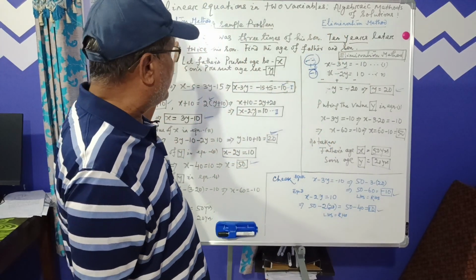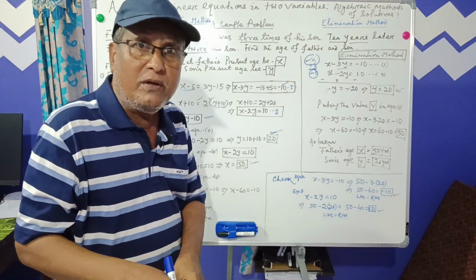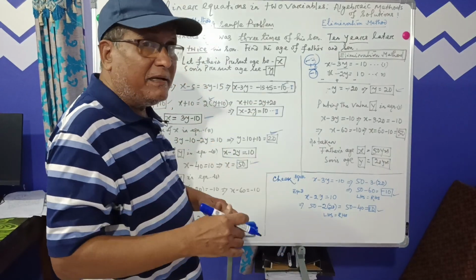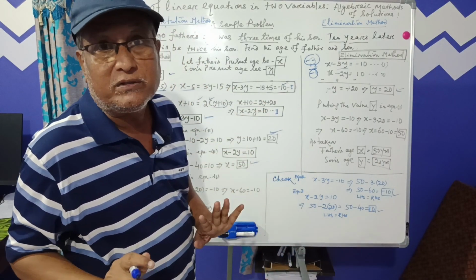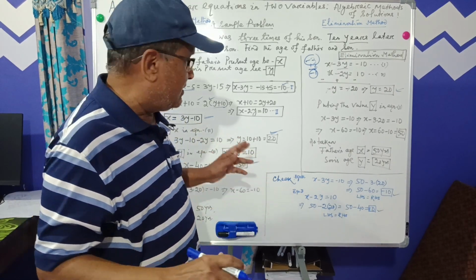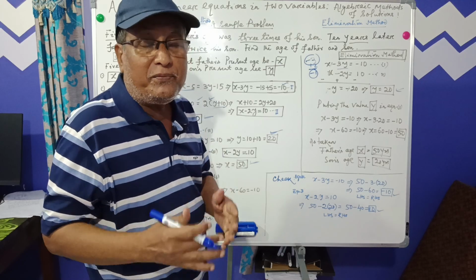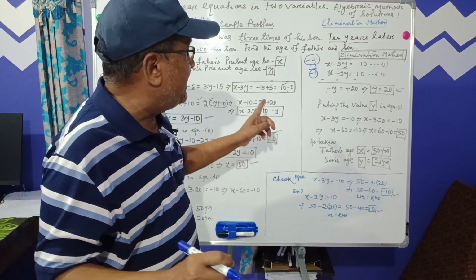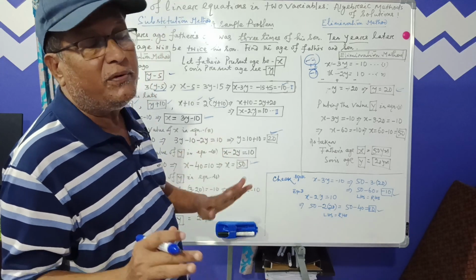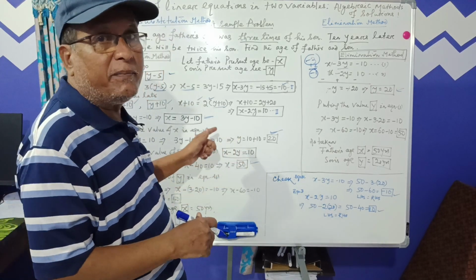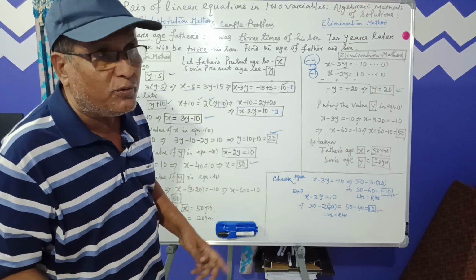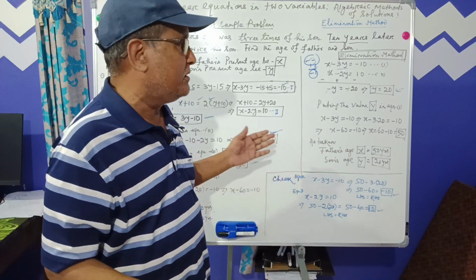In the substitution method, the value of one variable is placed replacing the other variable in the second equation, so that the second equation becomes an expression of the same variable, so that you can easily get the value of one variable. And putting the value of one variable in any equation, either equation number 1 or equation number 2, you can get the value of the other variable.